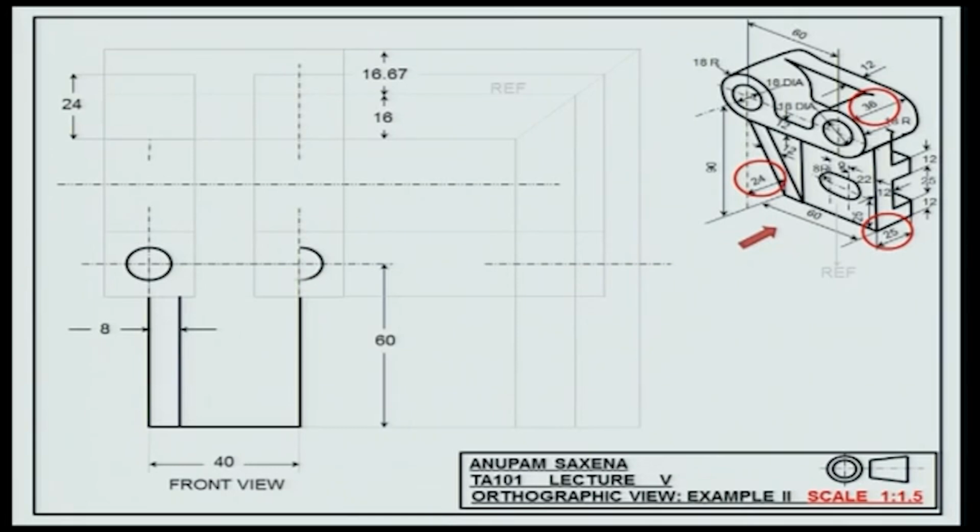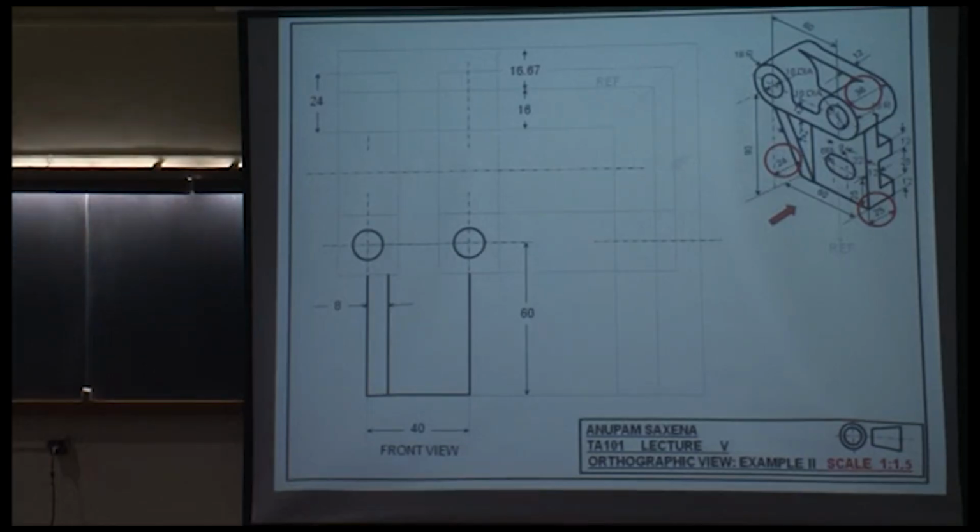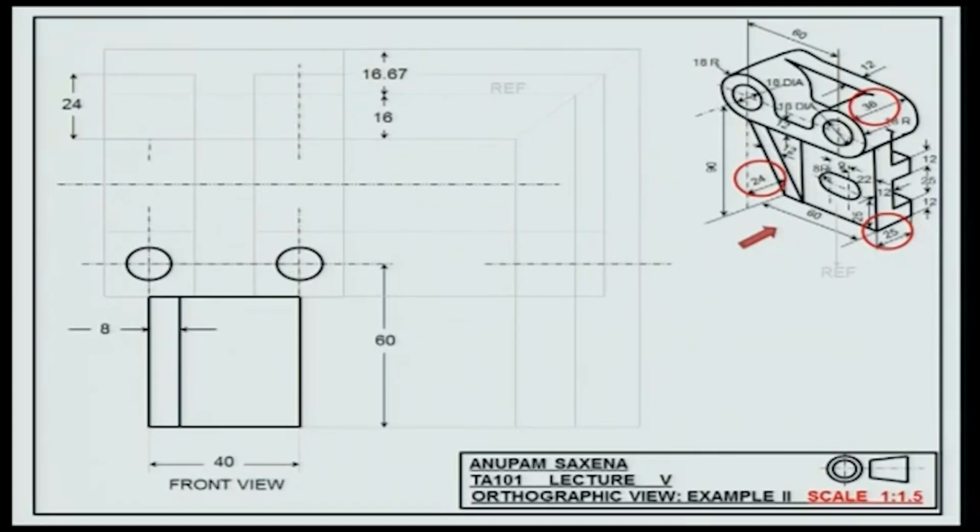Same thing on the right. Would you see this edge? Should I be drawing the full circle or should I be drawing 3/4 circle for this? 3/4? How about the circle on the right? 3/4?